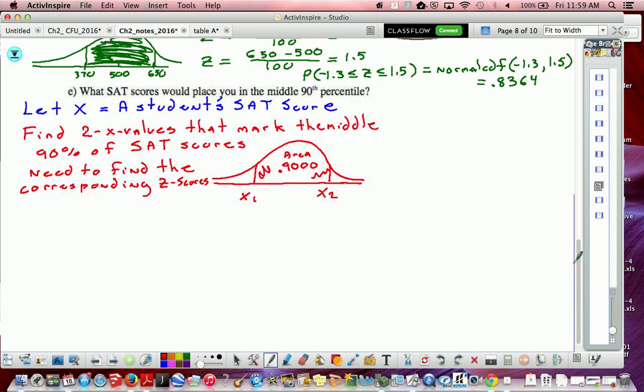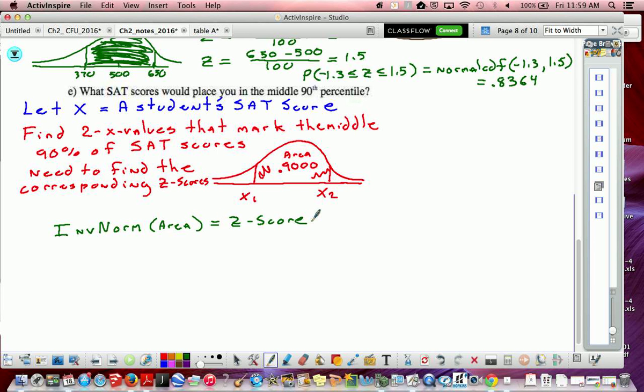What calculator function helps us find Z-scores from an area? Second VARS 3, okay, the inverse norm. Remember that if we go inverse norm of an area, we get the Z-score.